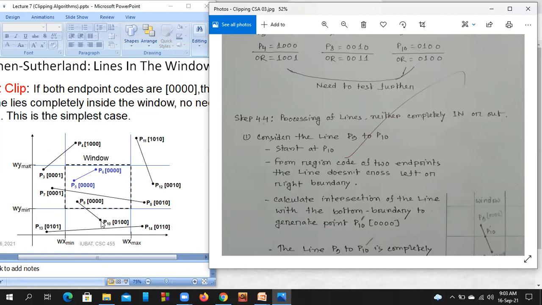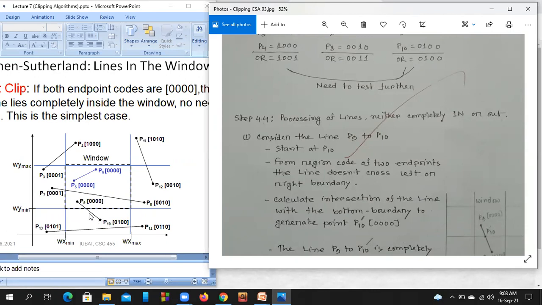So if we start at P10, from the region codes of the two endpoints, the line does not cross the other boundary, but it crosses the bottom boundary of the window at P10 prime. At P10 prime, the region code is 0000.